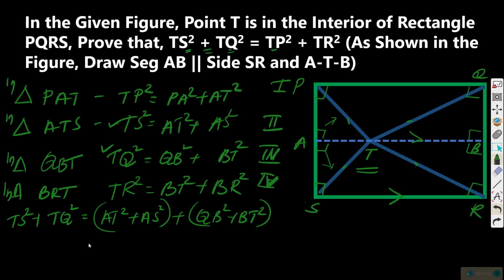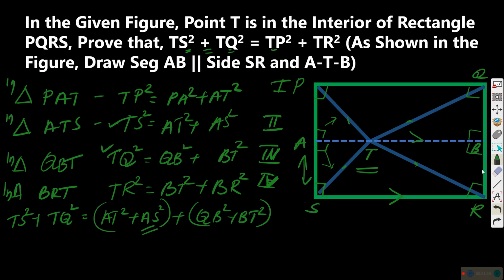and in the other case QB square and BT square. QB square can be equivalent to PA square, and BT square cannot be replaced. So QB square also can be replaced with the PA of the other triangle, and it may serve the purpose. So we will see.